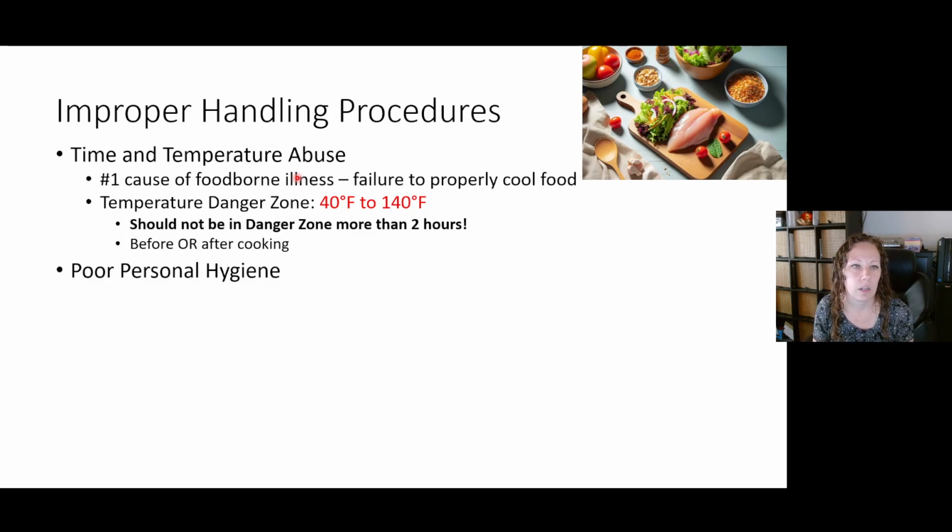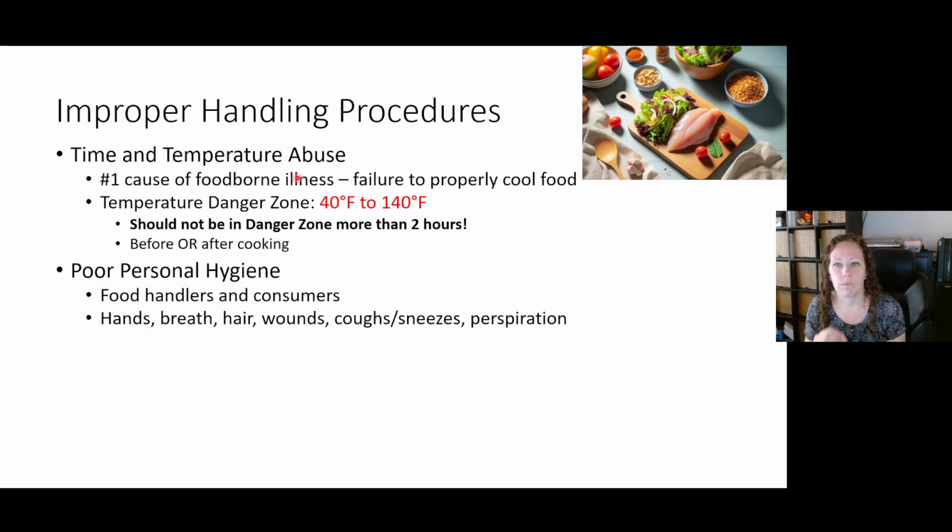The second improper handling procedure that causes people to get sick is poor personal hygiene. This applies to both food handlers, so the people who are working in the food plants or the restaurants or, I don't know, cafeterias, but also consumers, right? Yourself. Make sure that when you're cooking food at home, you have good personal hygiene.